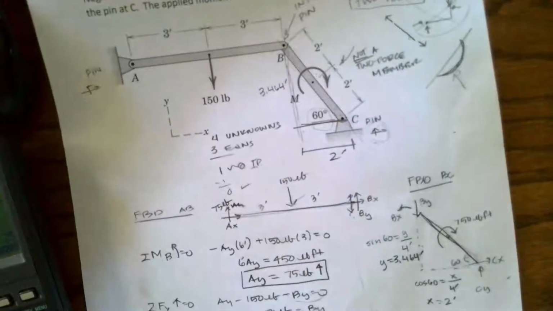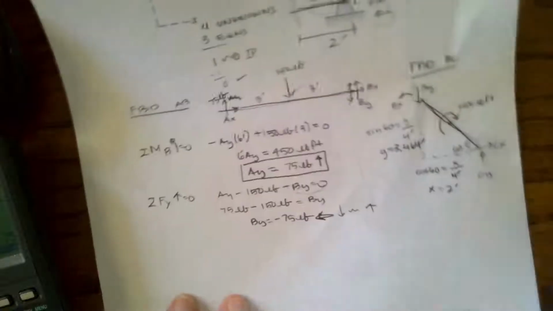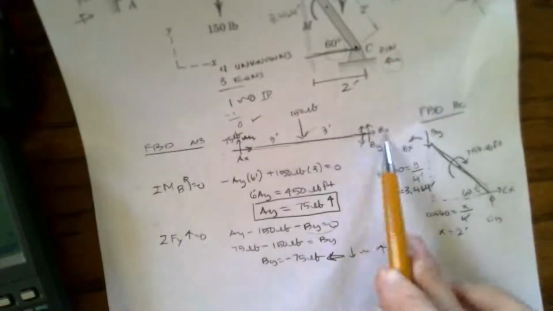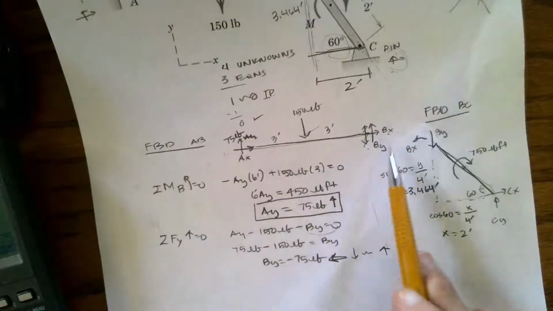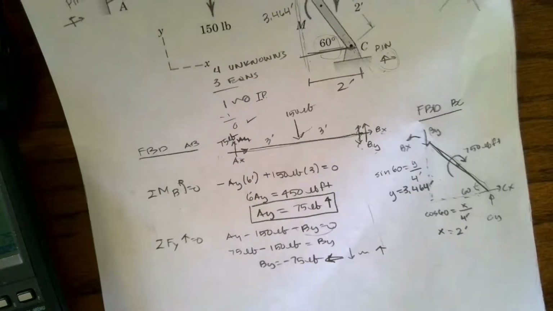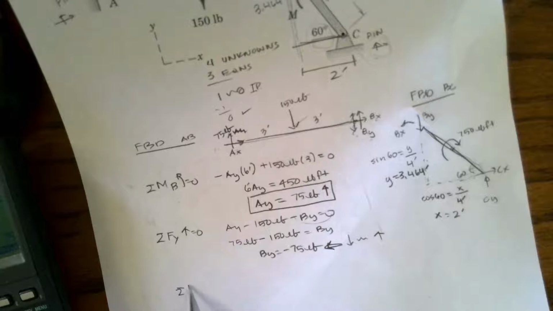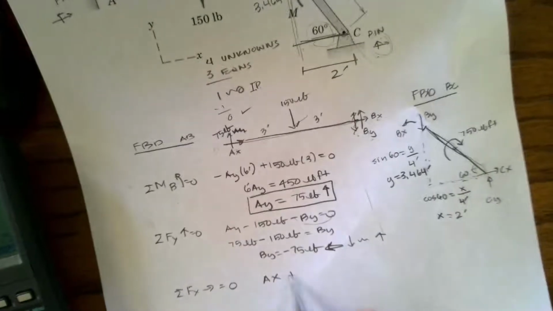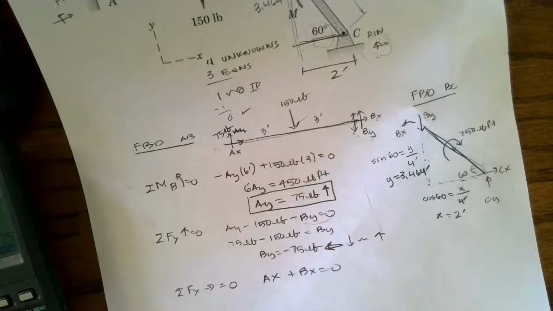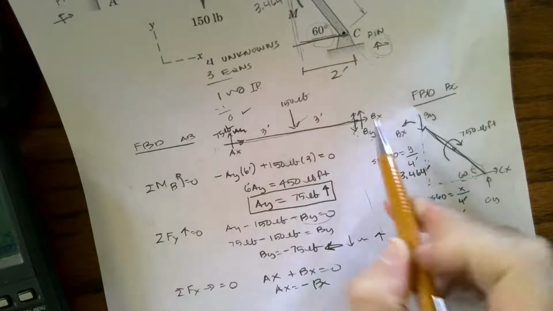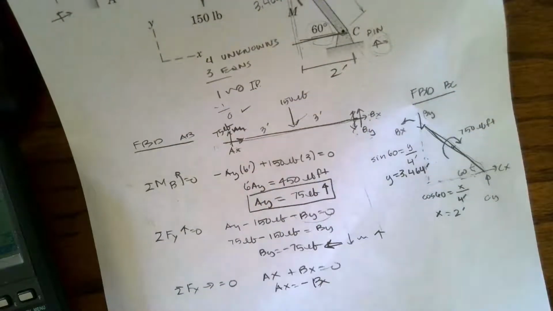Okay? Now, I cannot just say I'm going to sum the forces in the x direction, therefore AX and BX are 0. That's not true. All that I'm going to know if I sum forces in the x direction, is that AX plus BX equals 0. So AX is equal to negative BX. So one of these is assumed the wrong direction.